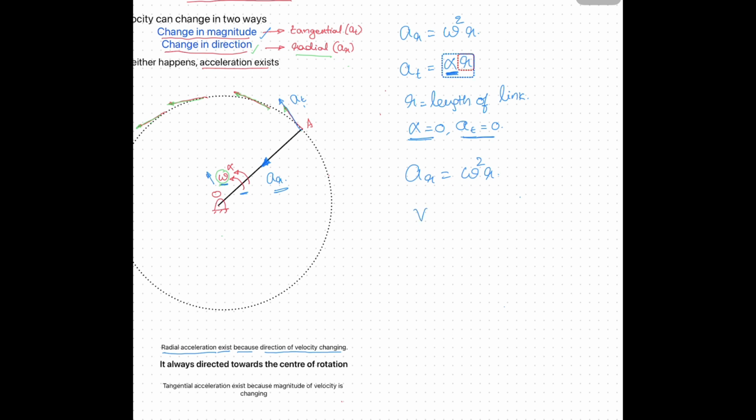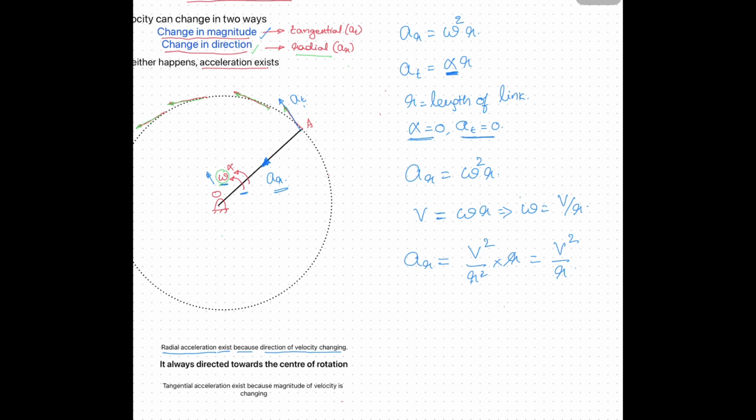As we know, the linear velocity of the link is omega into r. That means omega is equal to velocity upon radius. So the radial component of acceleration is v square upon r square multiplied by r, which is equal to v square upon r.